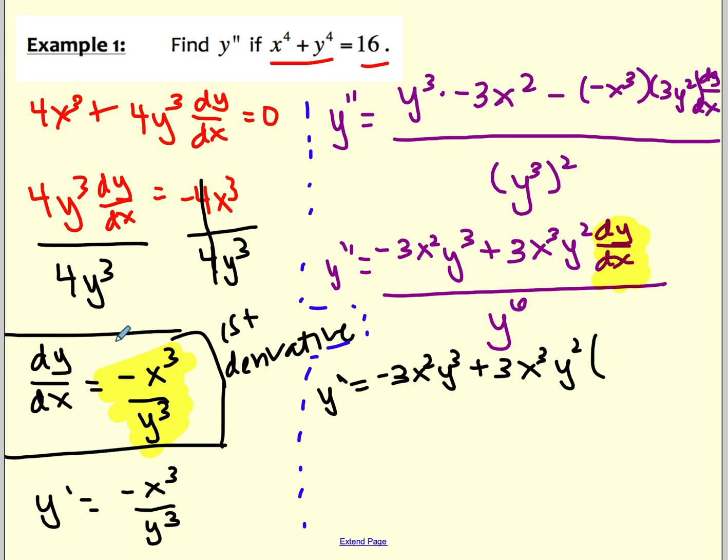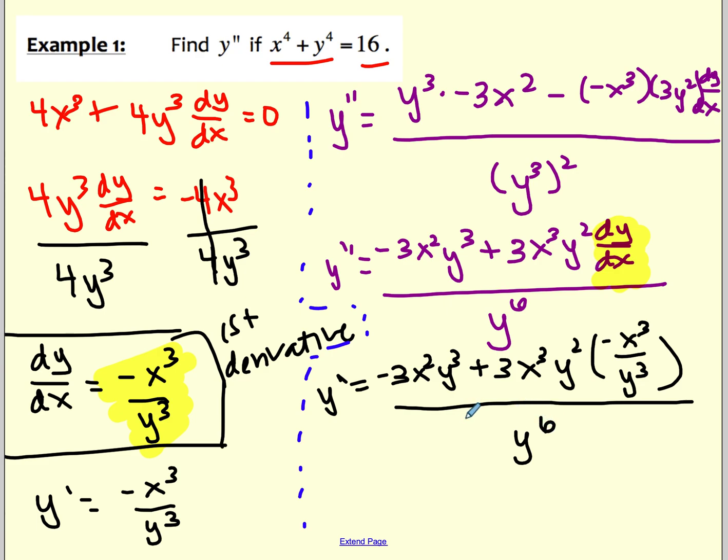So I'm plugging this in for dy dx. So I have negative x to the third over y cubed all over y to the sixth.